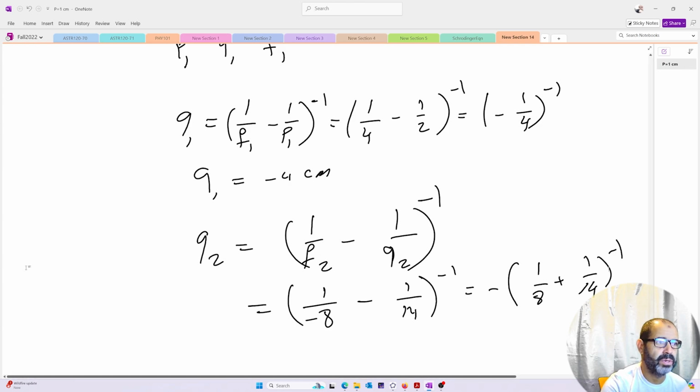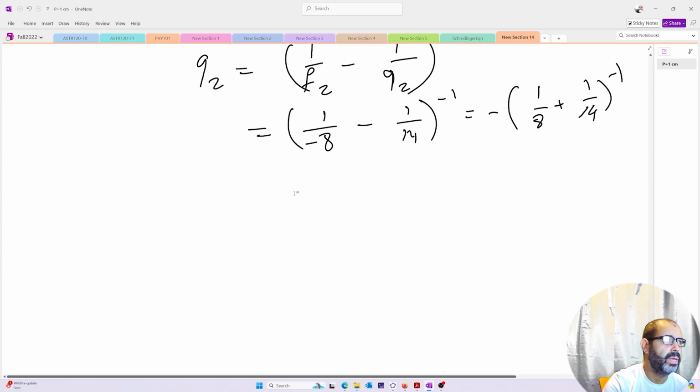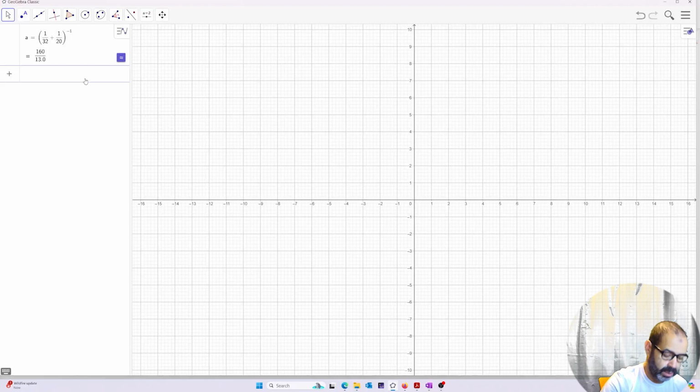Of course, the image is going to be virtual. It's going to be in front of this lens, somewhere in here, the whole area to the left, it doesn't matter. So again, in this case, Q2 is going to be equal to, I'm going to get the algebra going for me, 1 over 8 plus 1 over 14, and the whole, okay, it's 11, I'm going to invert it, and it's going to be 56 over 11.